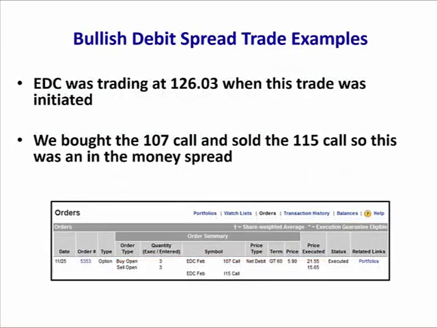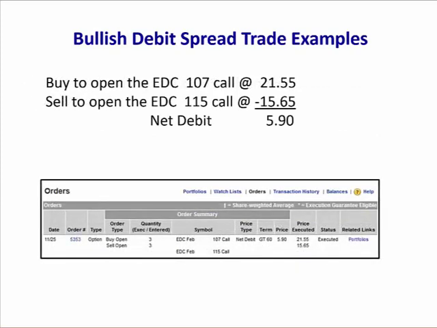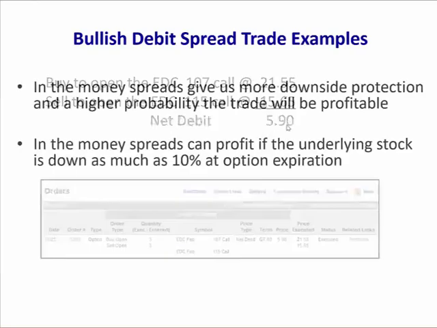And EDC was trading at 126 when this trade was initiated, and we bought the 107 call and sold the 115. They're below the current ETF price, so this was an in-the-money spread. The net cost for this spread, if we subtract the credit we got for the sale of the 115 call of 15.65 from the cost of the 107 call, we come up with a net debit of $590 for this spread trade.